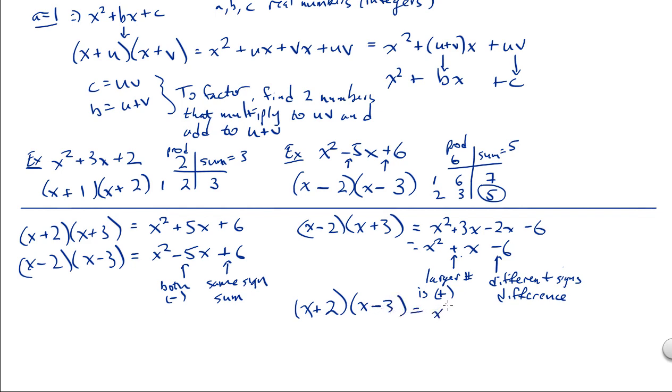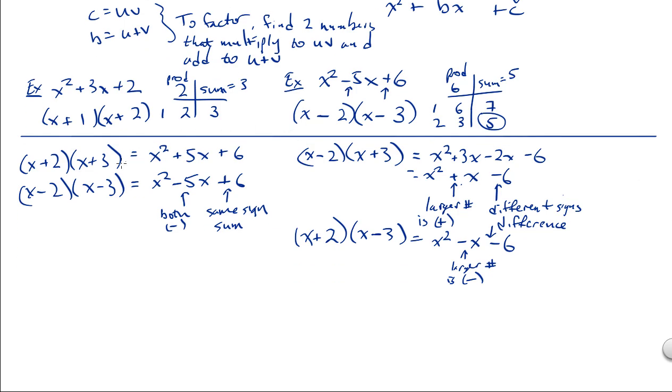Here we get x squared minus x minus 6, because we get a negative 3x and a positive 2x. That's negative x when you add those together. Same deal. The C term is negative, so that means we're looking at a different sign on the two numbers. And the larger number is, in this case, now negative.